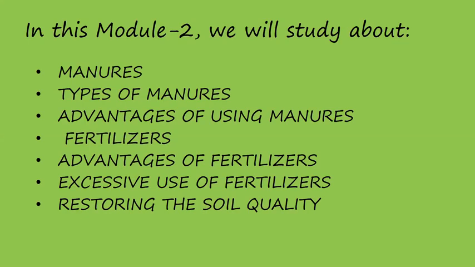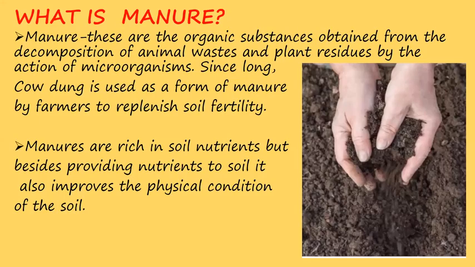Here we will study what manures are, the types of manures, the advantages of using manure, what we mean by fertilizers, the advantages of fertilizers, the effects of excessive use of fertilizers, and restoring the soil quality. Let's begin with the session.